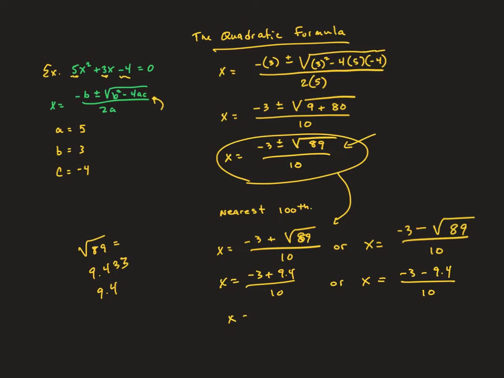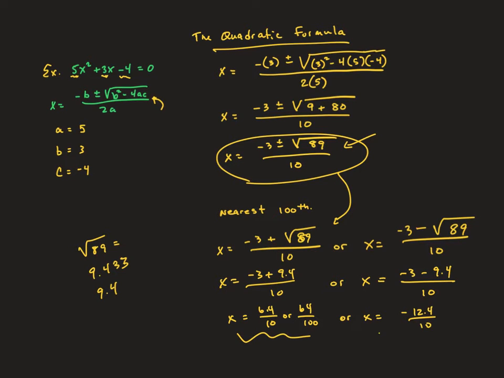So this becomes x is equal to 6.4 over 10, or 64 over 100, or x is going to be equal to negative 12.4 over 10.